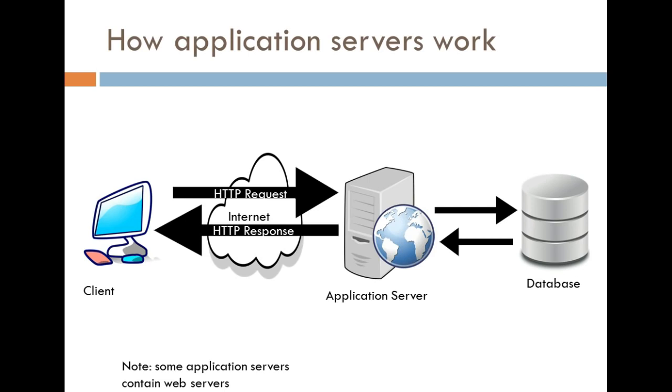It may consist of logical information within the application itself, or it may reference a database, which is what I have here, to gather the information it needs to respond to the client. After it processes the information in this application server, an HTTP response is sent back to the client.